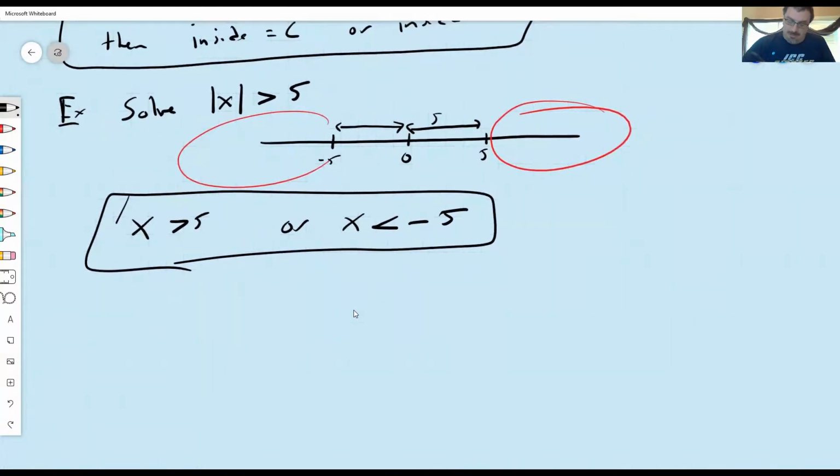And really, as mentioned, it doesn't matter what the inside of your absolute value is. It could be x, it could be more complicated, it could be less complicated.